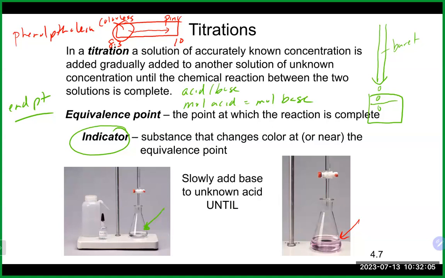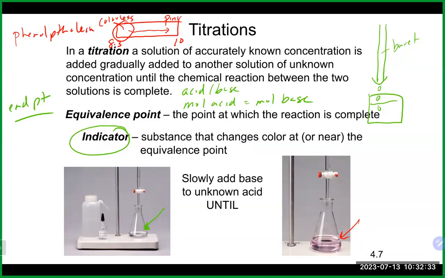It's actually colorless in neutral solutions, but it does turn this pink color in basic solutions. And for the type of titrations that we will be doing, it's a good indicator because your equivalence point is in the basic range. So when you choose an indicator, you always want to choose an indicator that will actually change color around your equivalence point. So you can actually visually see, oh, it changed color. I should probably stop my titration at that point.